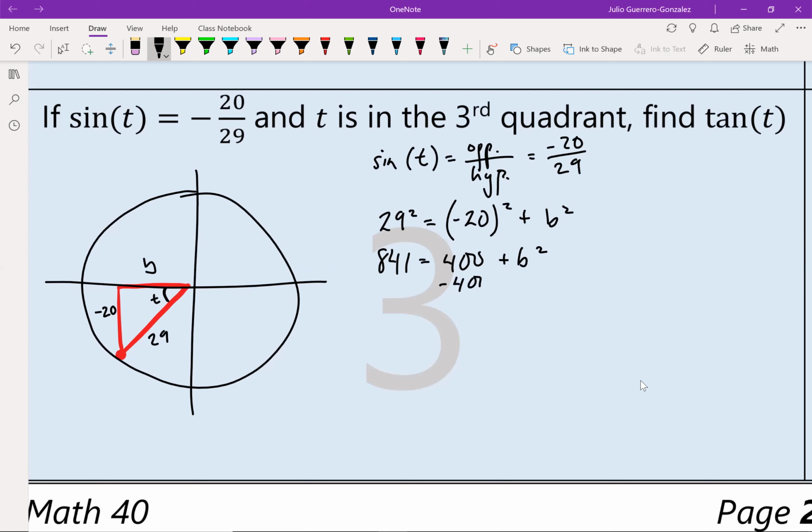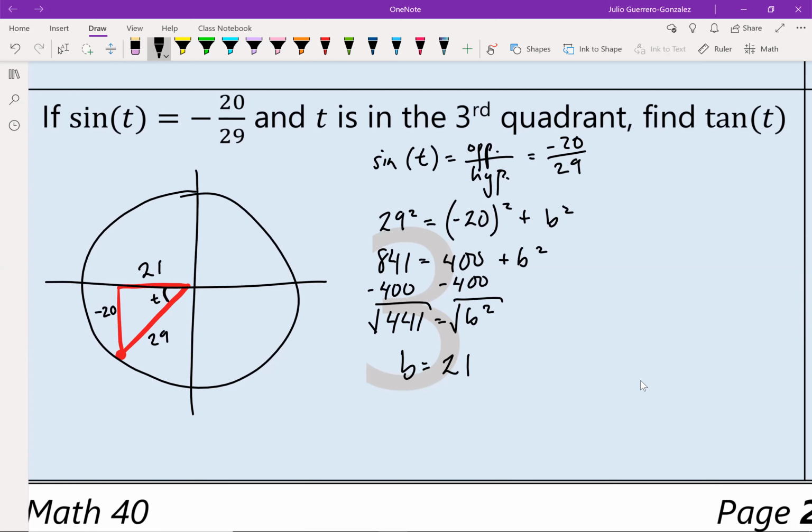Minus 400 minus 400, so 441 is equal to b squared. We take the square root of both sides. So b is equal to 21. So we have our missing side now. That is 21.